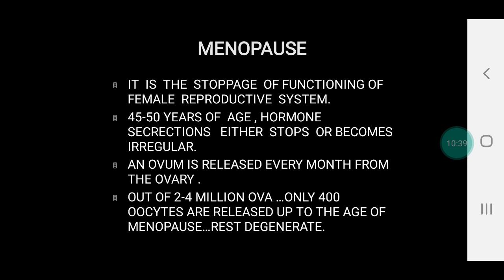An ovum is released every month from the ovary. Out of 2 to 4 million ova, only 400 oocytes are released up to the age of menopause, and the rest of the oocytes disintegrate or degenerate.